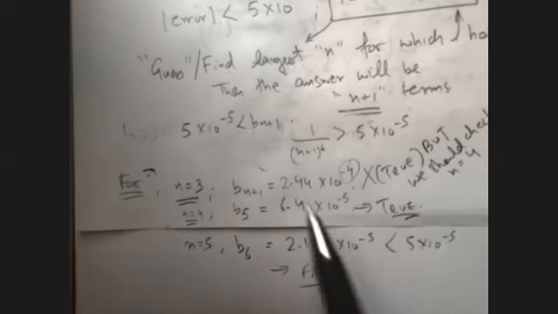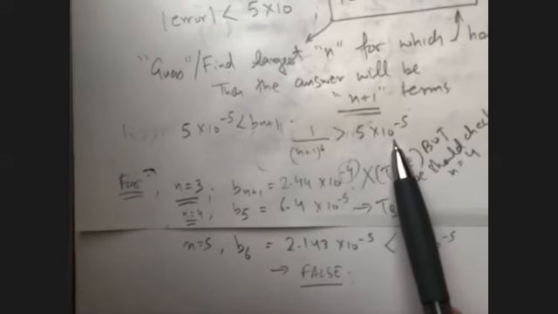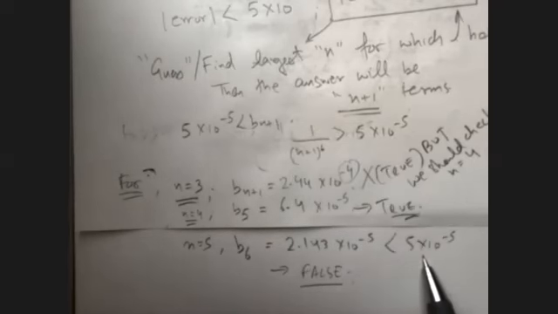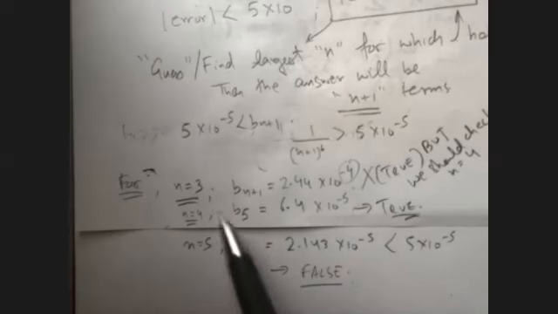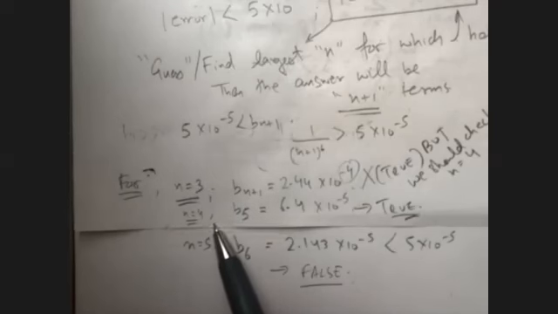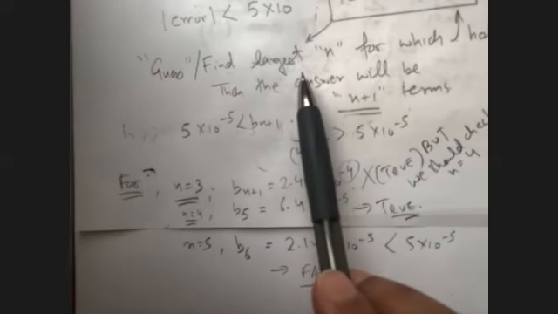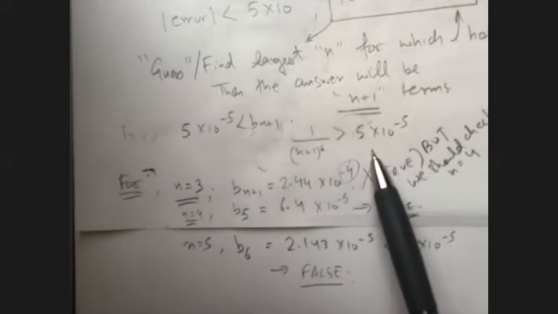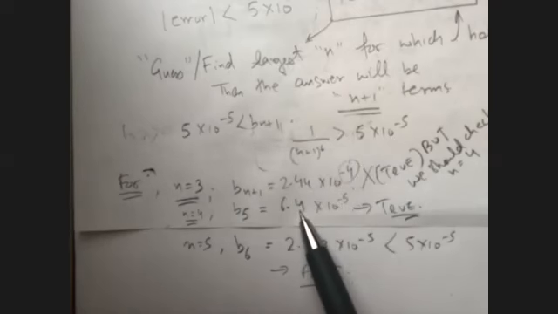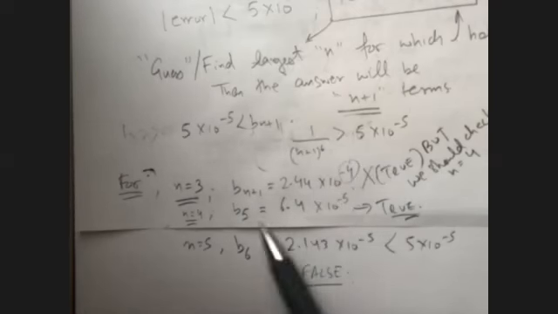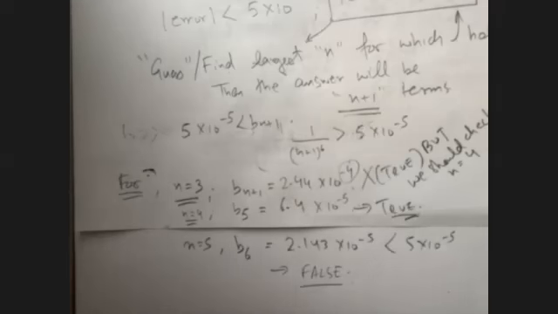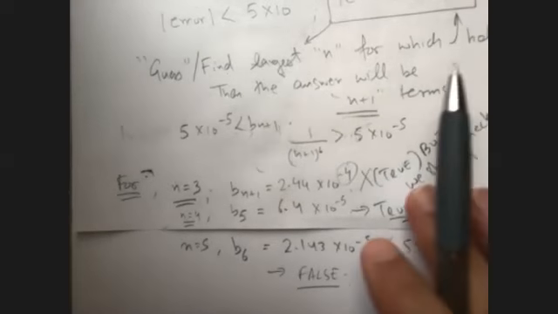Because we need Bn plus 1 to be greater than 5 times 10 to the negative 5. So this is false for B6. And it is true for all n up till n equals 4, that is up till B5. So we are looking for the largest n for which this is true. And the largest n we conclude here is n equals 4, which gives B5. So n plus 1 is 5. So the answer is therefore 5 terms.